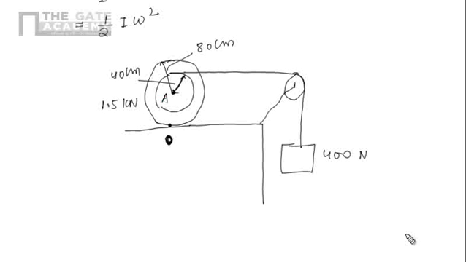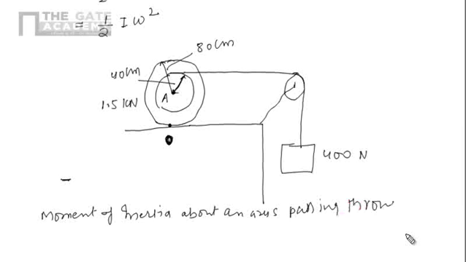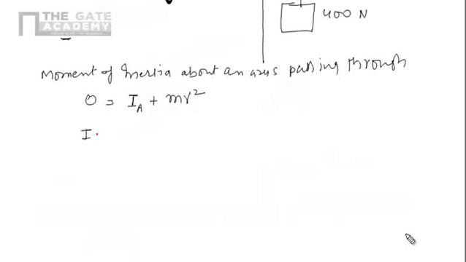Now we are interested in the moment of inertia about an axis passing through O. So it will be the moment of inertia at A plus m r square. We know I A is nothing but m r square by 2, plus m r square. So we will get 3 by 2 m r square.